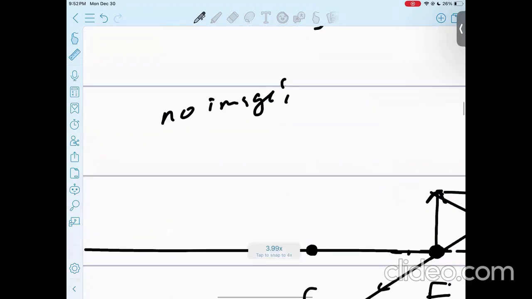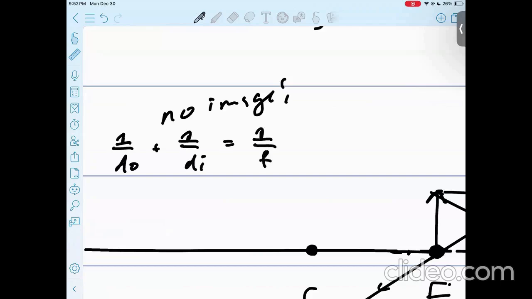And the reason for that, beyond these light rays never meeting, I guess philosophically it's not right to say this is the reason for it, but you can see it by using our equation. So here what we're doing is we're setting the object distance to the focal length.